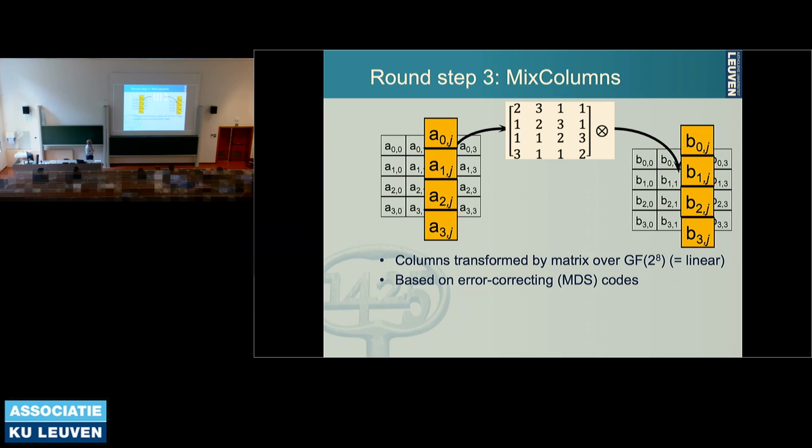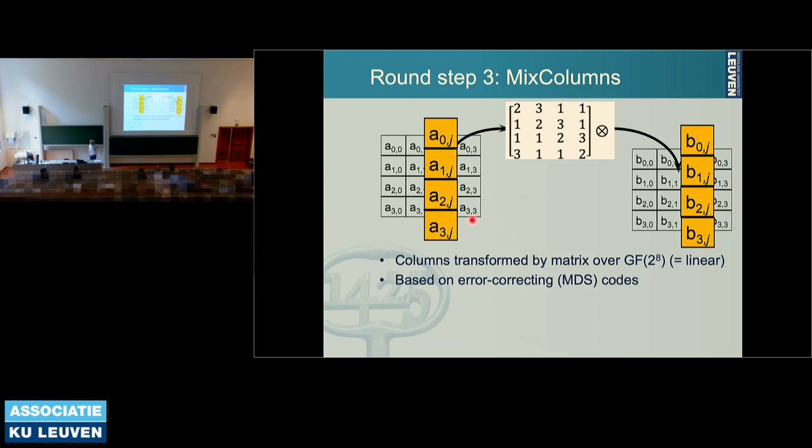It looks at a column as a vector and then multiplies the vector by this matrix to get again a 4-byte vector out. Yeah? And these coefficients here have been chosen from an error correction code that guarantees that if one bit changes at the input, then all bytes at the output will change always.